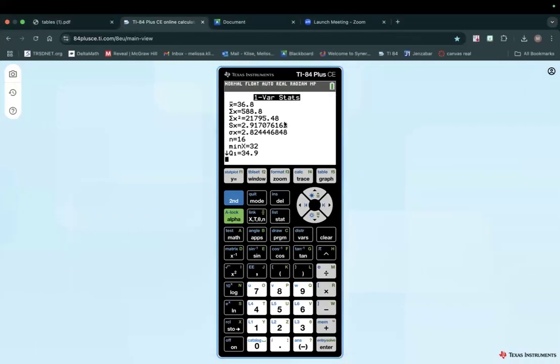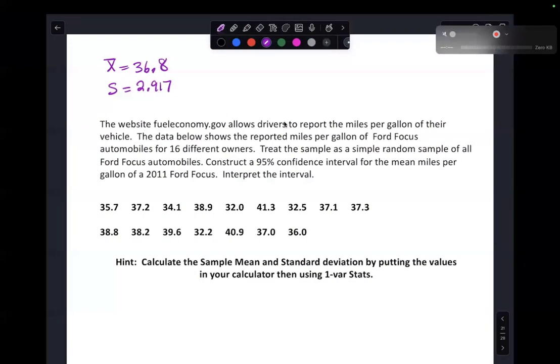All right. Those are the values that we're going to use. So I have my x bar is 36.8. My sample standard deviation is 2.917. I need my t value. I'm using a 95% confidence interval. Therefore, 1 minus 0.95 equals 0.05. 0.05 divided by 2.